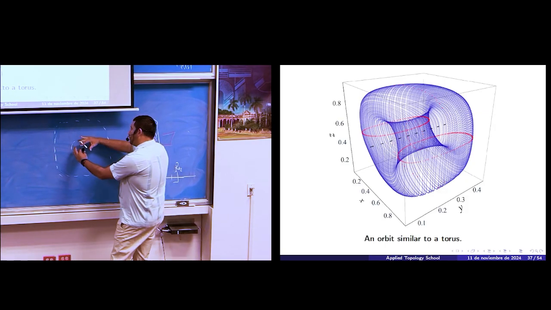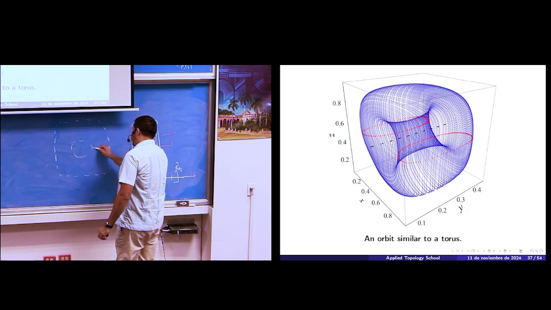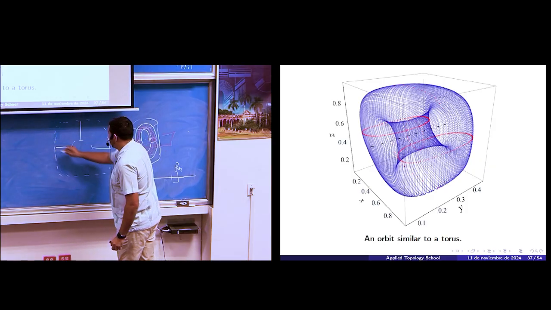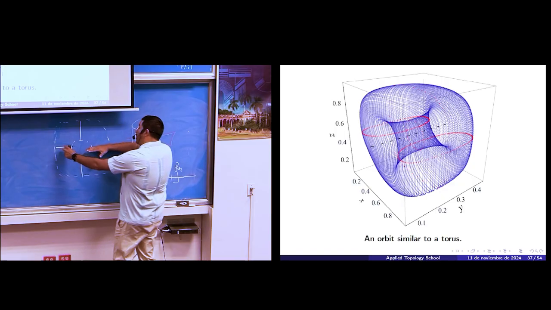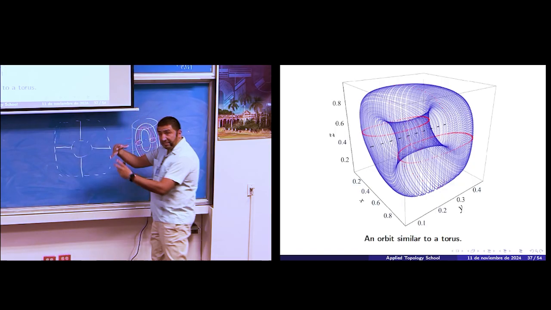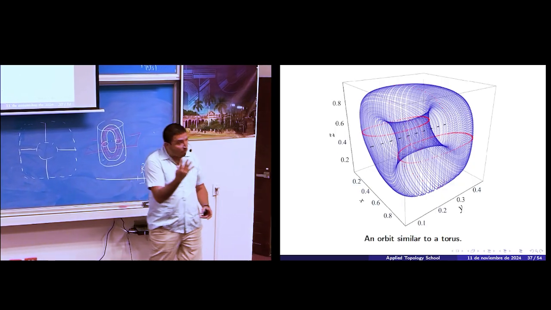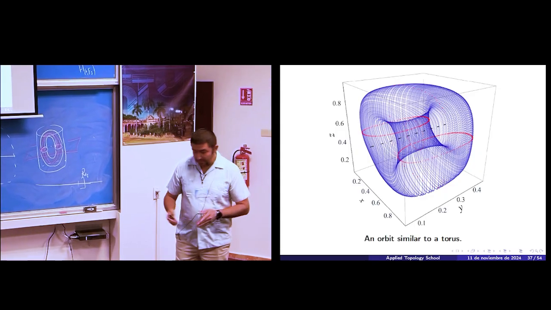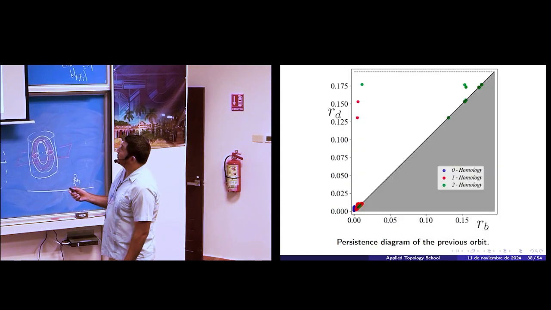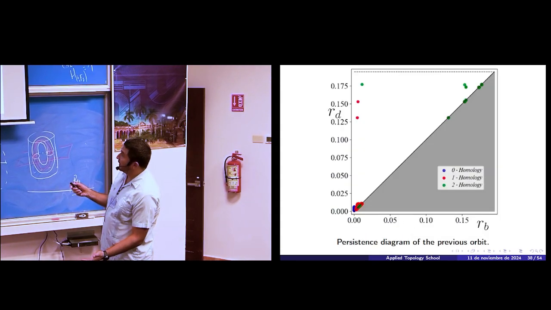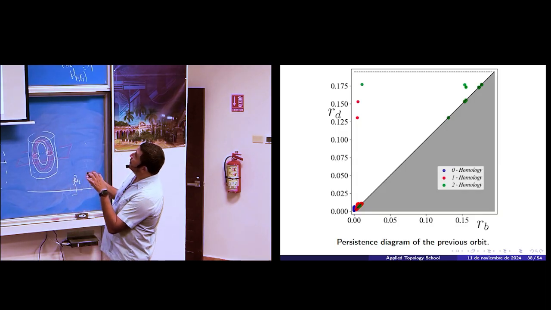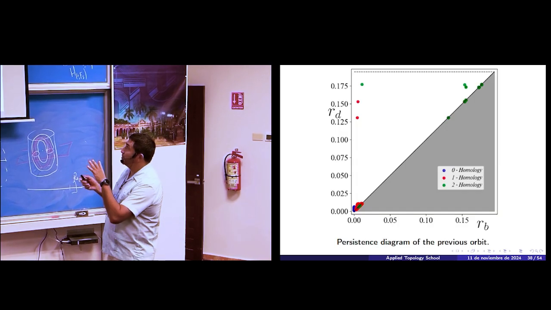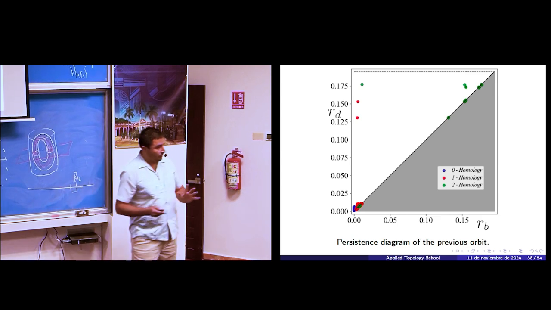Then when we start to grow the radii, these points are joined before the diagonal, no? Then when these two are joined, the cavity inside the torus is divided in 4 cavities, right? Then that's the reason why this cavity of the torus is divided in 4 cavities just before it dies, right?